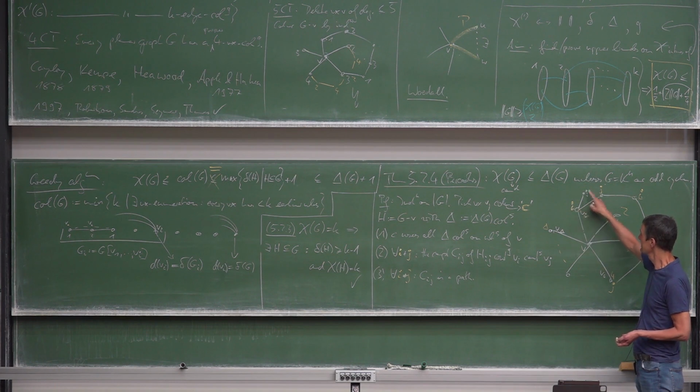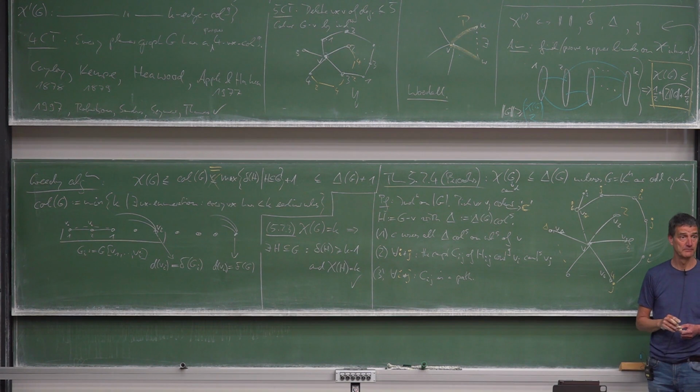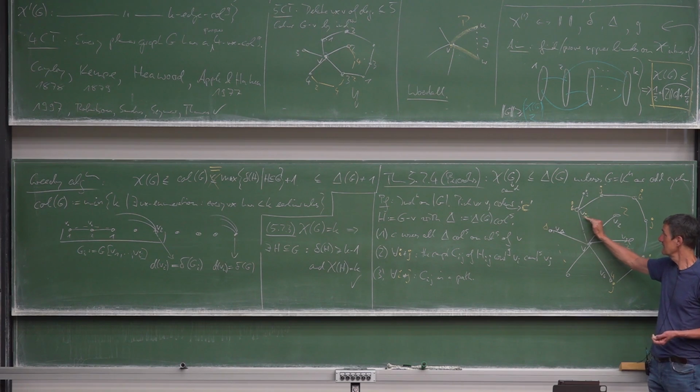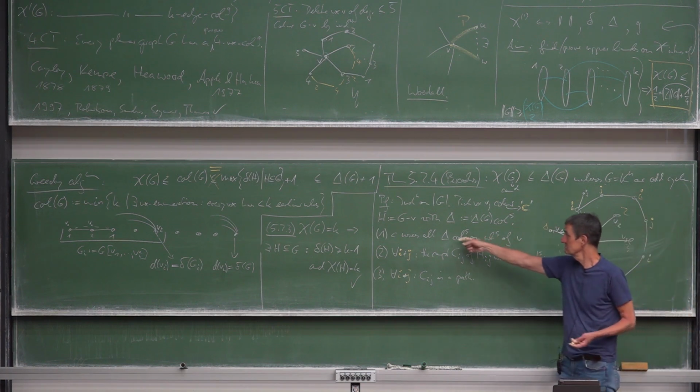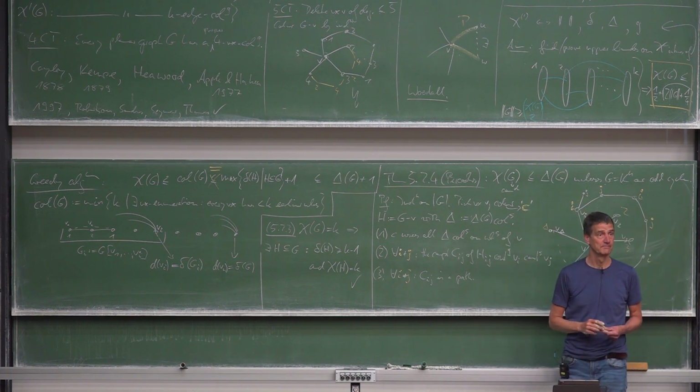If it had another j neighbor, then the neighbors of this Vi would use only delta minus 2 colors. But then we could recolor Vi with a different color. i is one of those two missing, but we have another. So we could recolor Vi, and then we'd get a contradiction to 1. Bingo.